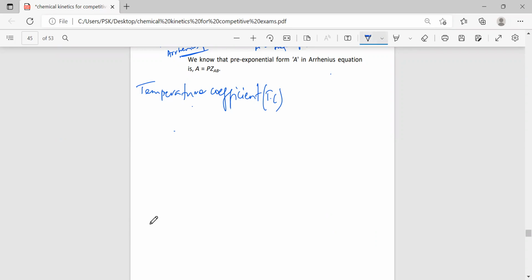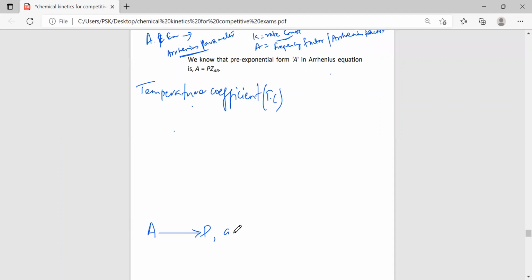Now consider a reaction A giving you the product. A is a reactant, P is a product. I tell you at 25 degrees Celsius, this reaction takes 100 minutes to complete.